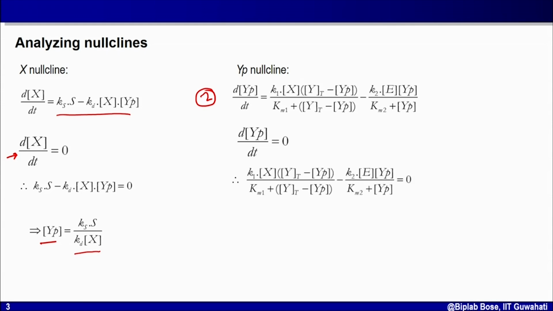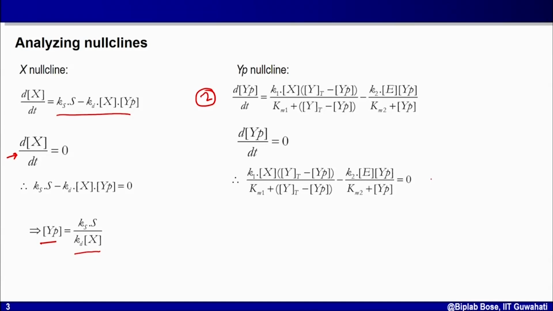I get this formulation: K1 into X into (Yt minus Yp) divided by (Km1 plus Yt minus Yp) minus K2E Yp divided by (Km2 plus Yp) equal to 0. Again I have to rearrange terms to get Yp on one side and X on the other side.